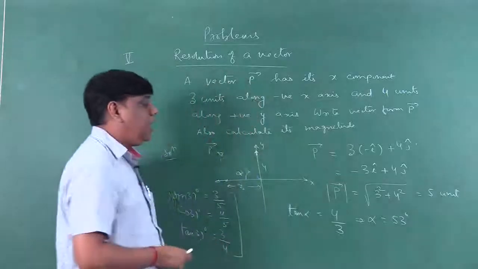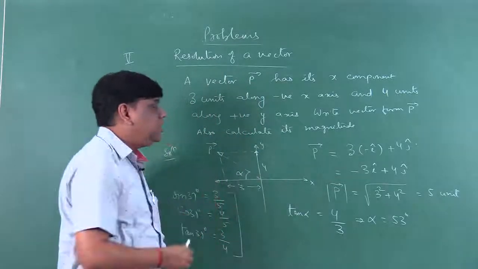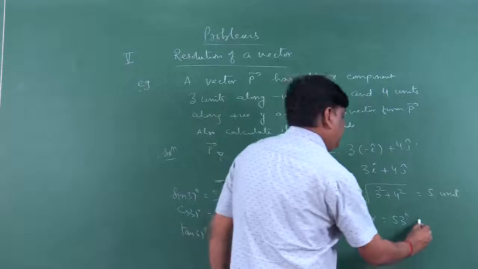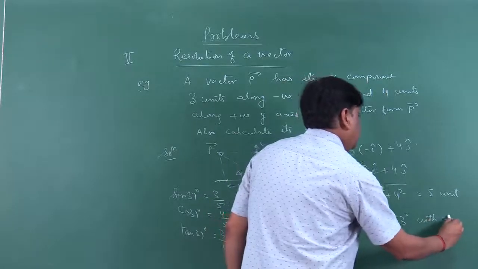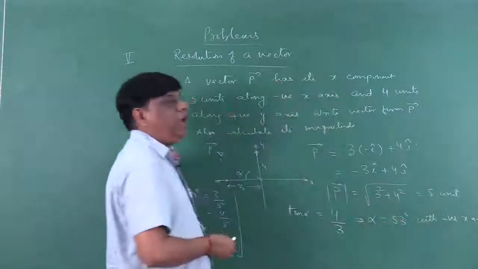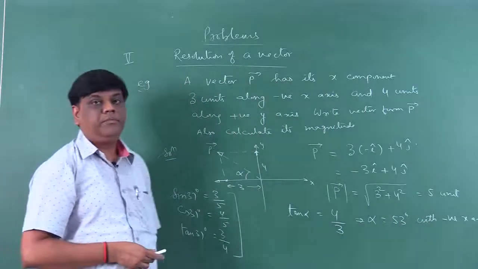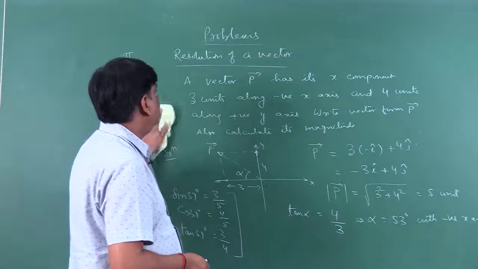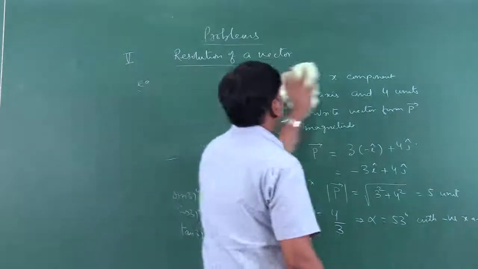So that is the angle which it makes with negative x-axis. With negative x-axis. So we can tell the direction of that vector also looking at this. Clear है? ठीक है? Let us take another example.